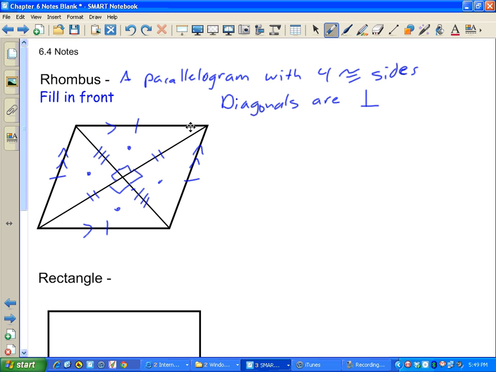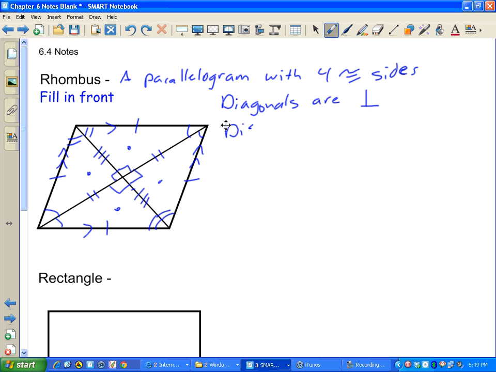In addition to that, since these triangles are congruent, okay, if you look at the orientation, that would mean that these angles are congruent. These triangles are congruent, so these angles are going to be congruent. Same thing here. I can give these the same marks as I gave up here because opposite angles are congruent, and these can get the same. So the diagonals are also bisecting angles.